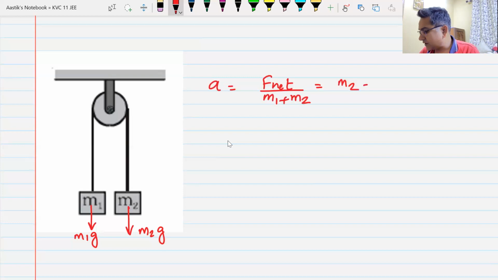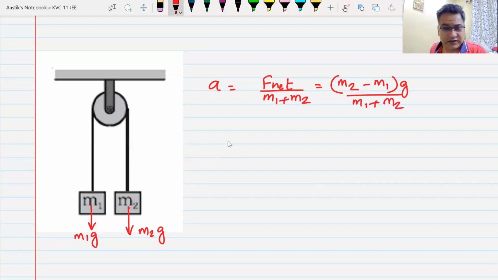The bigger force is M2g, the smaller force is M1g. If I subtract the two forces, this question looks like the earlier one with one force upward and one force downward. If upward is more, it is upward minus downward. If downward was more, it was downward minus upward. Here also it is the same case.